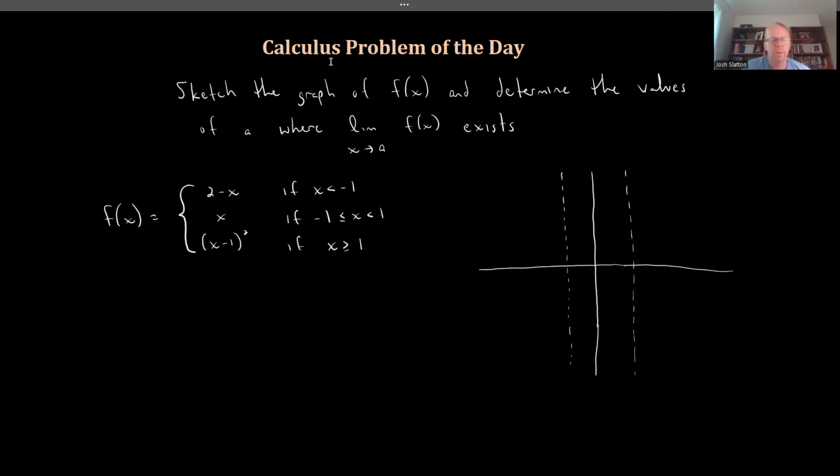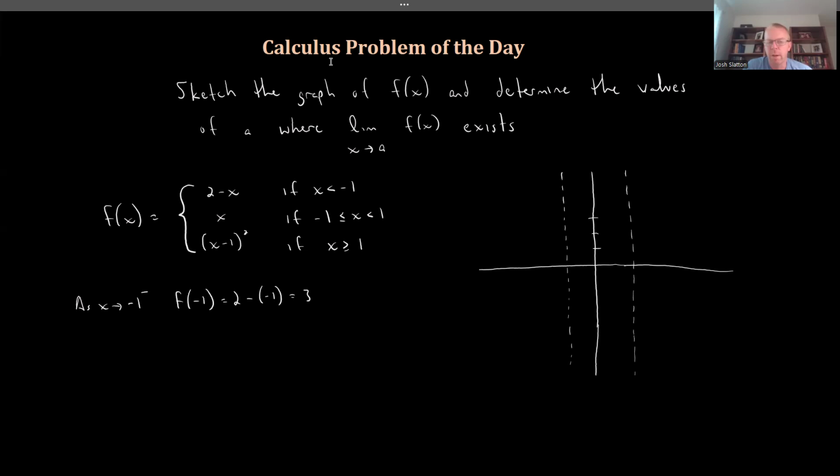So as x approaches -1 from the left, we'll pretend we're just going to plug this in, because that's really what we would do. 2 minus -1 is going to be 3. So as we approach -1 from the left, we're going to come up to 3.